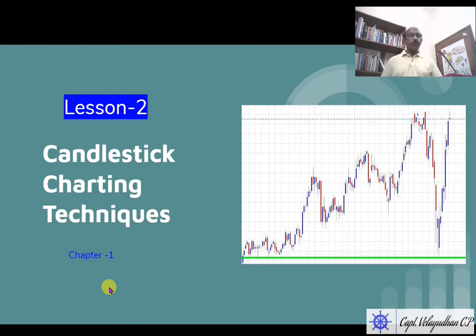Today, we go more on candlestick charting. Candlestick charting is a vast subject, so we try to condense it into two or three chapters. So today we go to chapter 1.